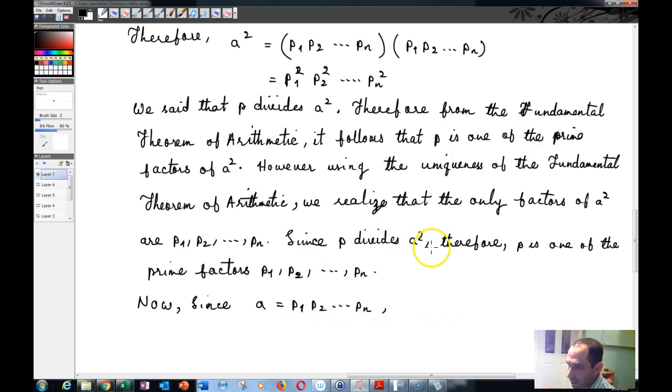Therefore you can say that a is divisible by p, or p divides a as well.